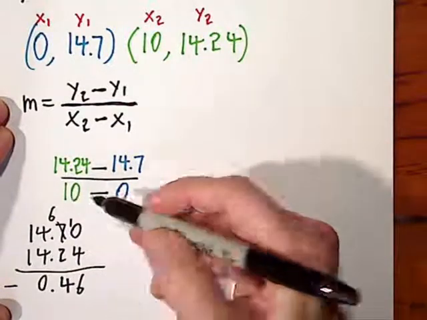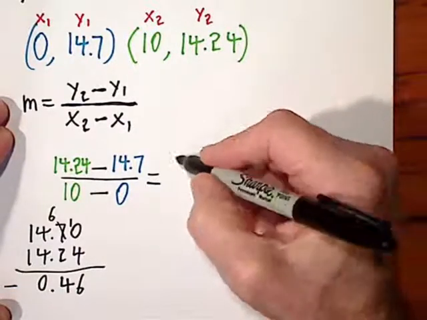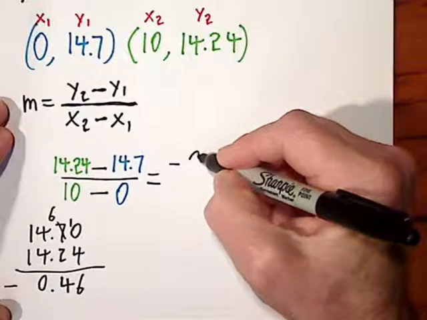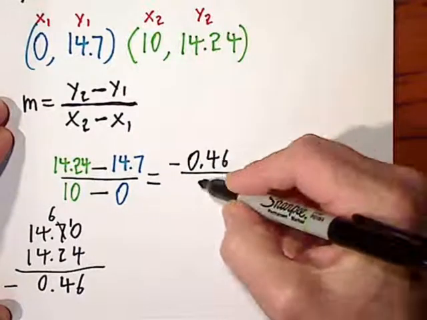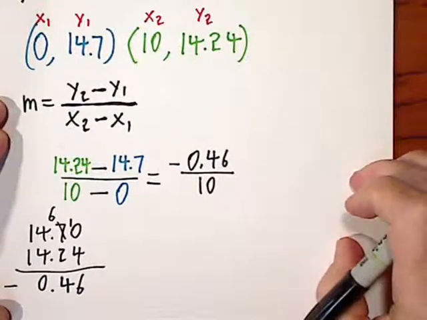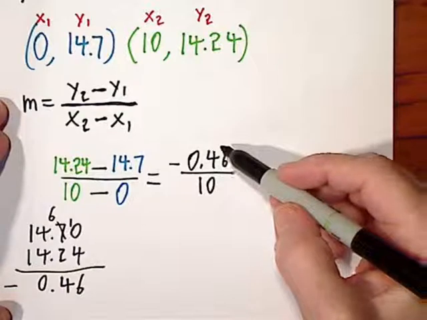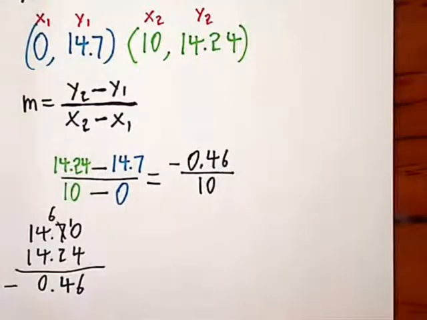And then this is going to be over 10. So we get negative 0.46 over a denominator of 10. So this is our slope. We figured out the slope, and what we want is eventually an equation.